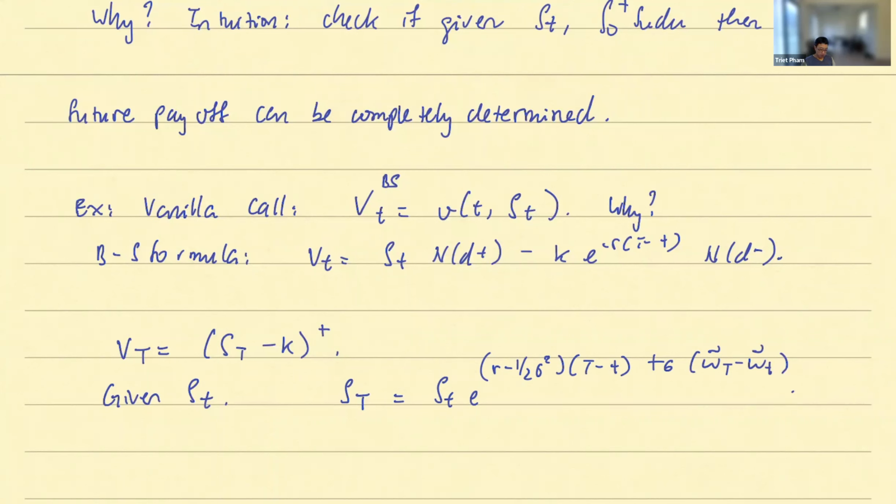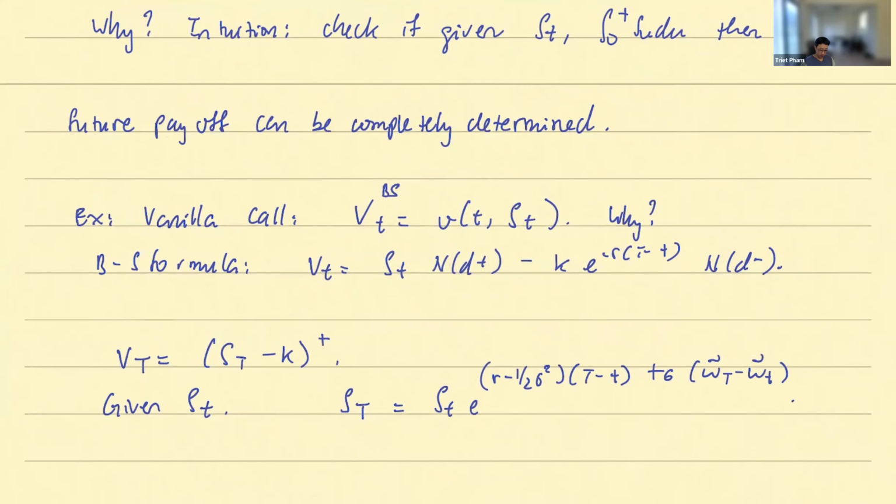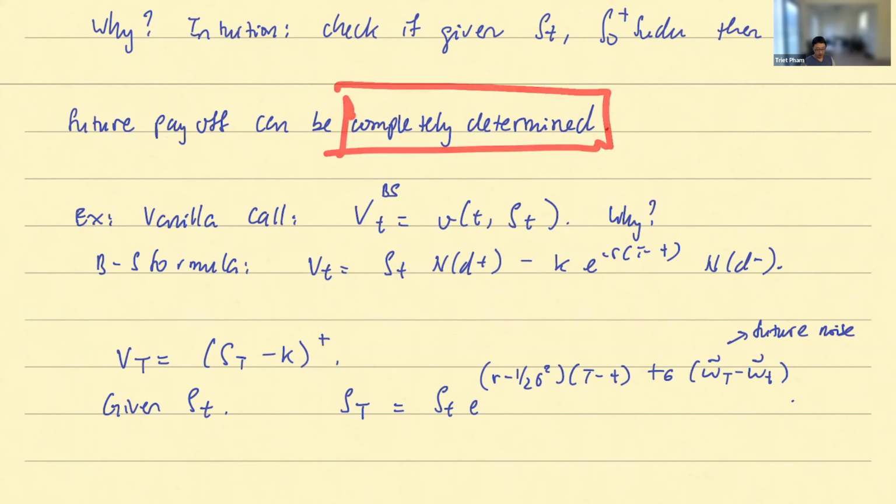So what do I mean by this? If given this, then this can be completely determined. It's completely determined in the sense that the information I need is noise, the future noise, which of course is not my responsibility to know. So when I say completely determined, this language is a bit loose. I don't mean that I will know the future noise. I don't know that.